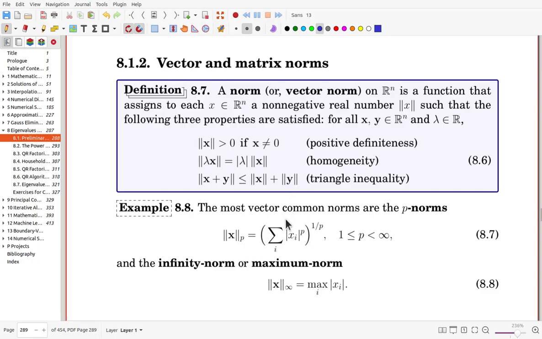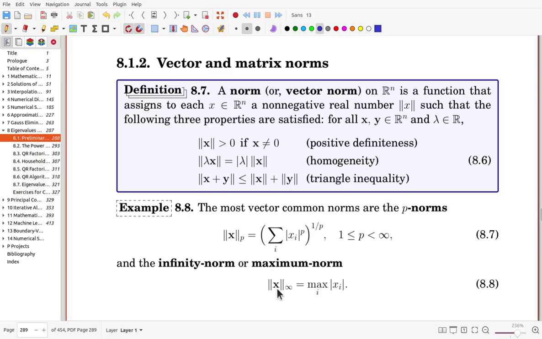Here, the most common norms are the p norms. P is from 1 to infinity. Of course, here infinity is defined separately. For each component, its absolute value is raised to power p and summed, and then the 1 over p power must be applied. Then that is the definition.